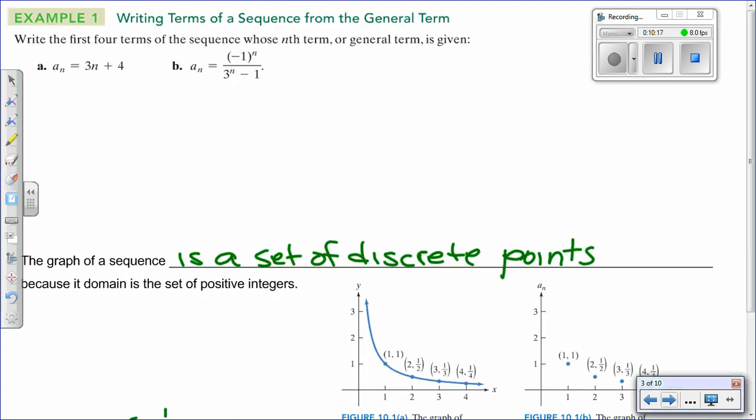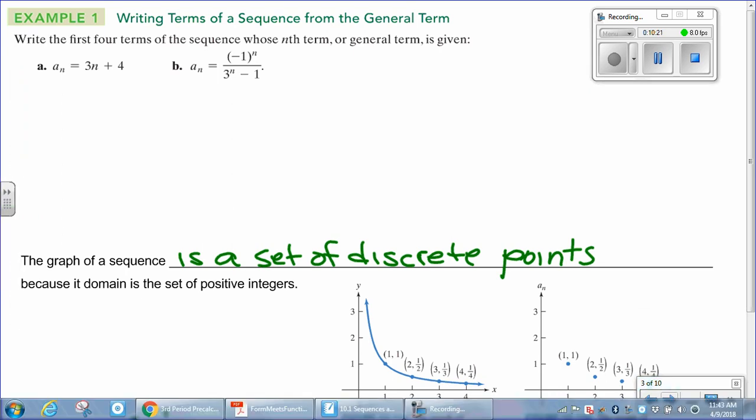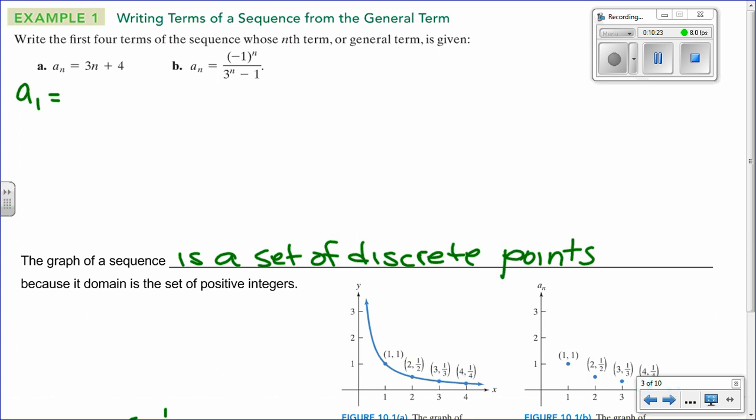Okay, so let's find the first four terms of the sequence. It's very simple. What we're going to do is substitute the subscript and the n over here, just like we do with a function. So a sub 1 will be 3 times 1 plus 4, so that will be 3 plus 4, 7.